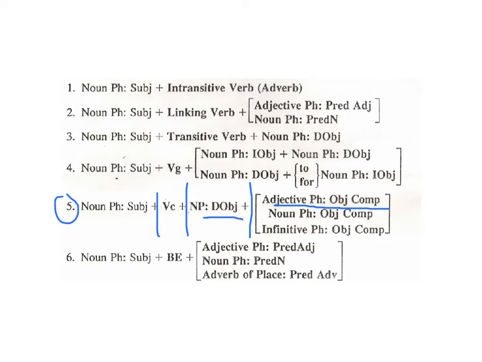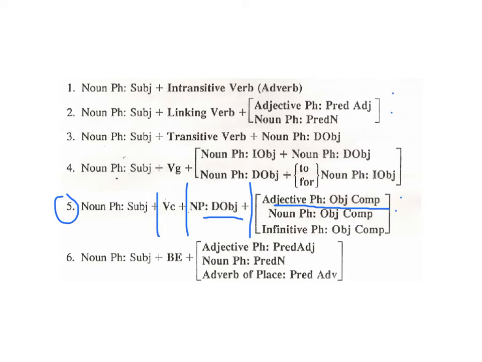But these 2 choices, the noun phrase object complement and the adjective phrase object complement, are very similar in nature to what we have following a linking verb or a be verb: an adjective phrase predicate adjective, or a noun phrase predicate noun. So again, following these 2 kinds of verbs, there are adjective options and noun phrase options.